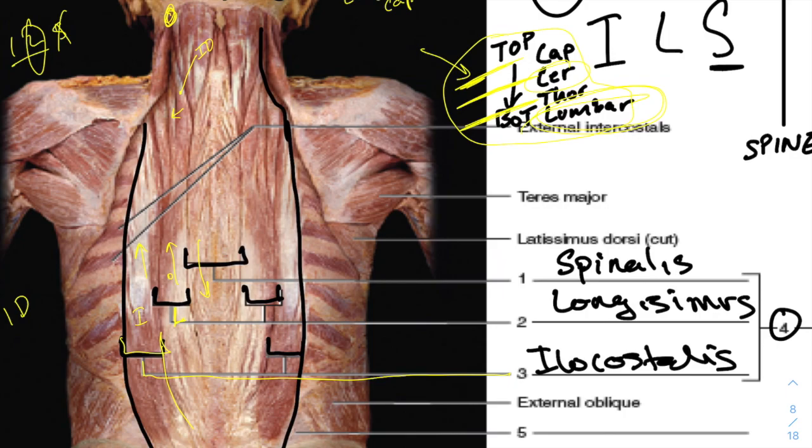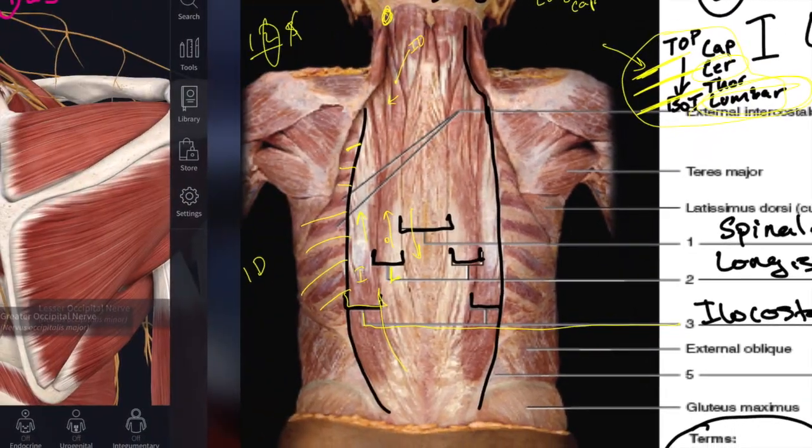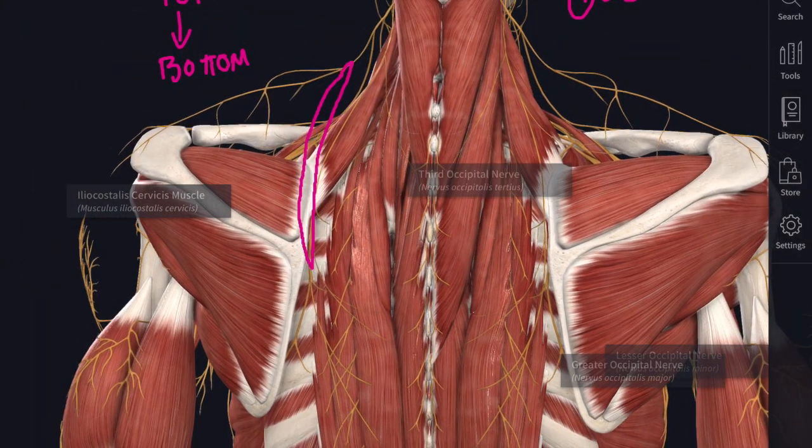Another way to help you remember is to look at these rib cages. These are your ribs. You can see these connection points. You know that your ribs have to be between T1 to T12.